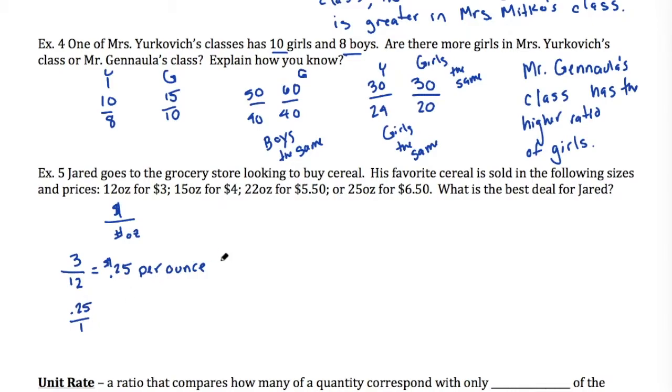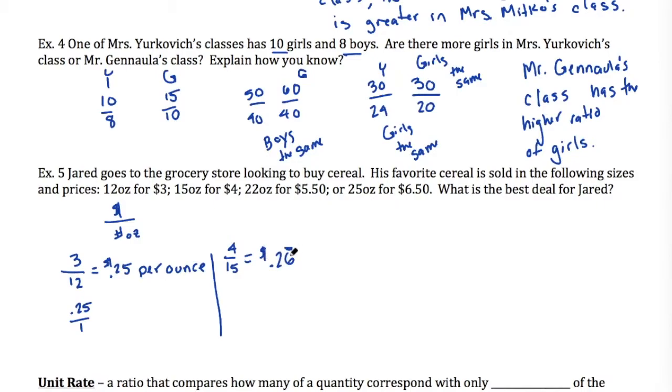Well, let's do that same comparison for our other boxes of cereal. So we had 3 over 12. Let's also look at 4 divided by 15. And 4 divided by 15 turns out to be 0.26, and that 6 actually repeats.